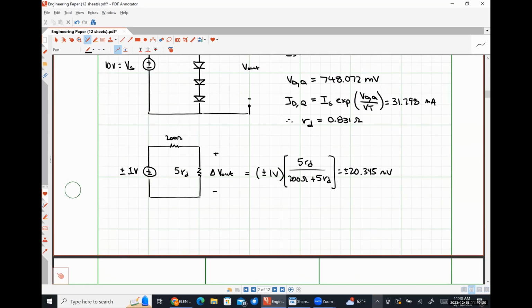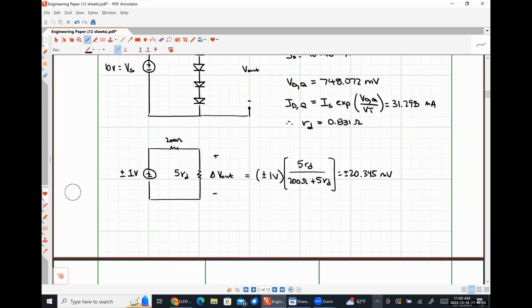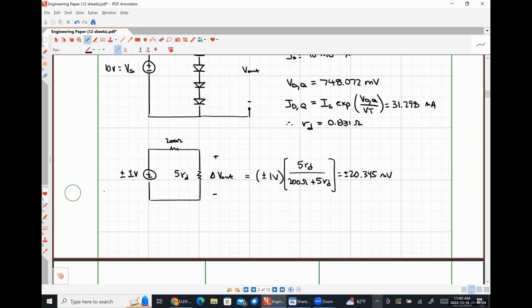Scrolling up just to show you that RD is 0.831 ohms for your calculations.